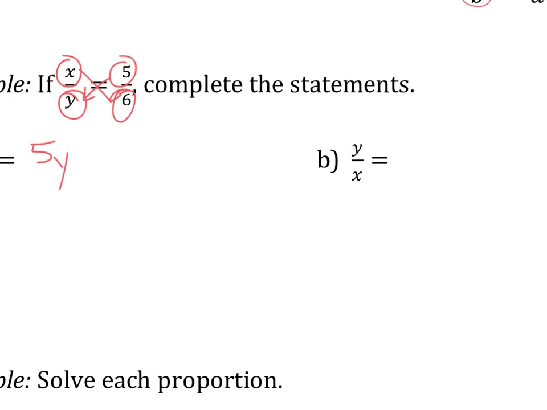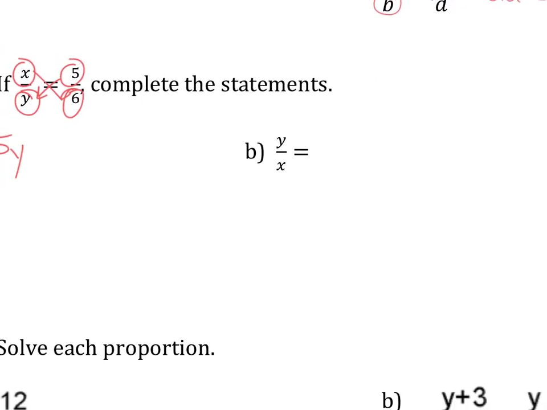In letter B, again, we're starting with x over y equals 5 over 6. Now I'm saying I'm flipping my fraction to y over x. So if I flip the first fraction, as long as I flip the second fraction, instead of 5 over 6, it'll be 6 over 5, we're okay.